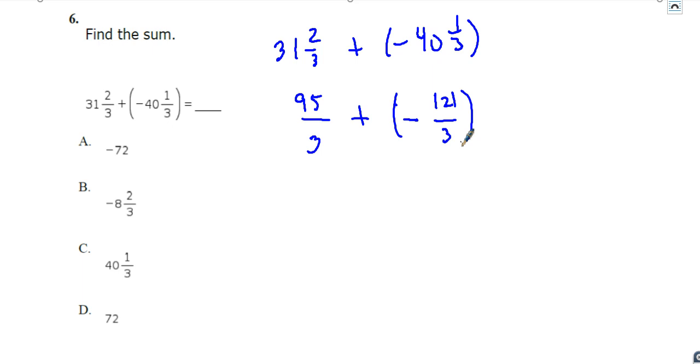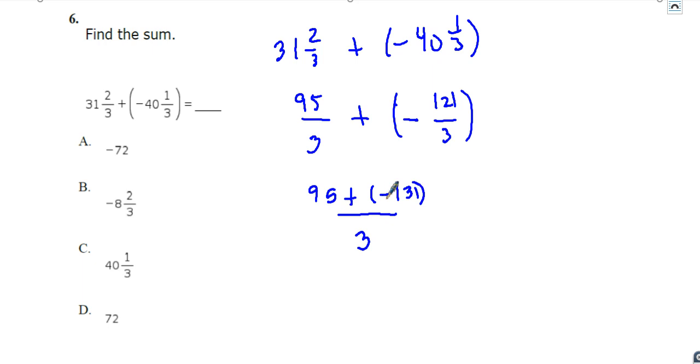And so we have the same denominator, so we're in good shape there. We keep our 3, and now we just need to rewrite the numerators as 95 plus negative 121. In this case, there was no need to do any cross multiplication or find common denominators because you already had one. You could just keep the denominator and add straight across.